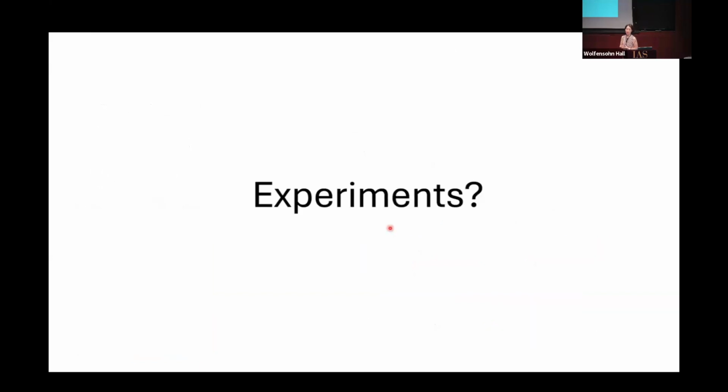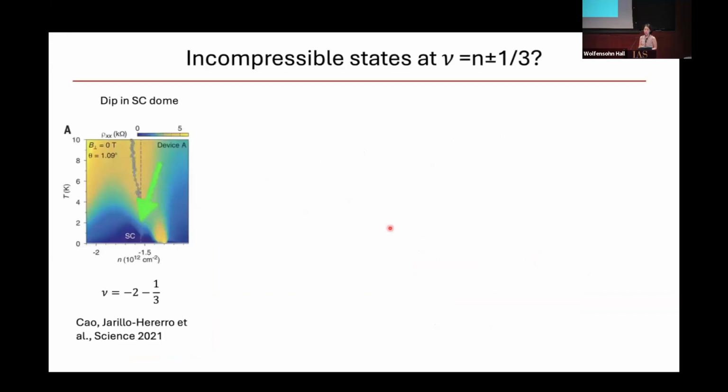So this is all nice and maybe even fun, but are there experiments to support these kinds of ideas? The first experiment that got us thinking down this road was actually this experiment from MIT, where they're focusing on the fact that they are getting a superconducting dome.